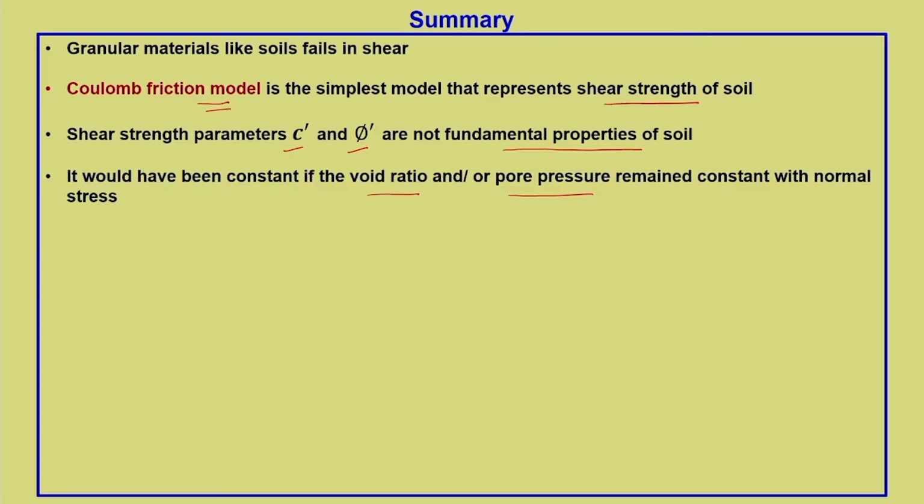If it is undrained condition, there is no volume change, only pore water pressure changes. That is why it is written void ratio and or pore pressure. If these had remained constant with normal stress, then C dash and phi dash could have been a fundamental property.